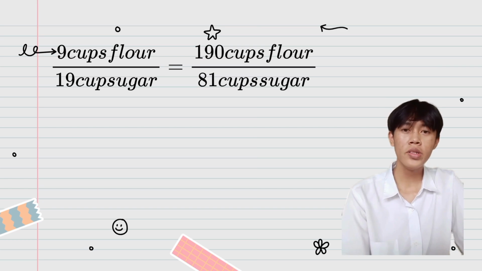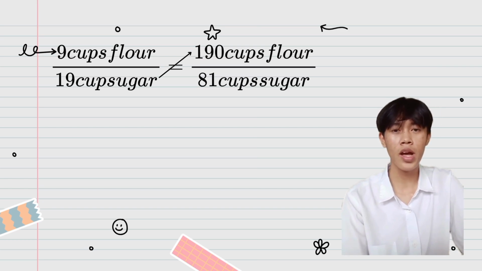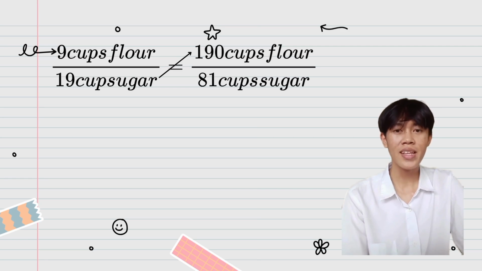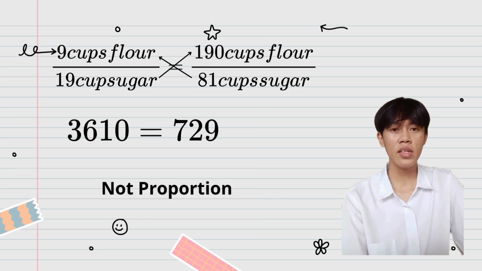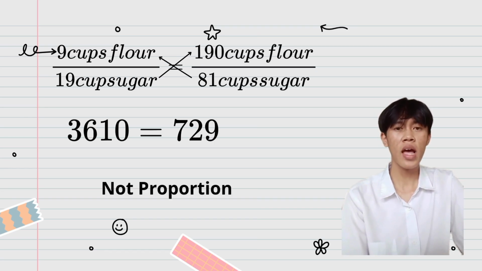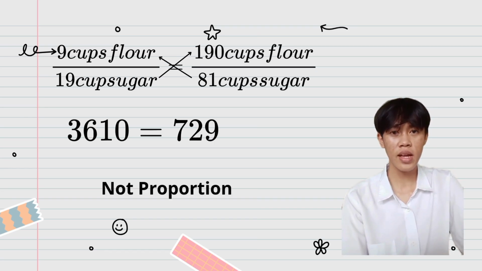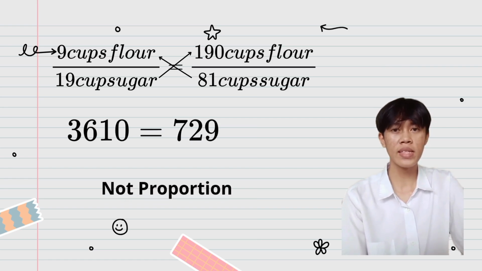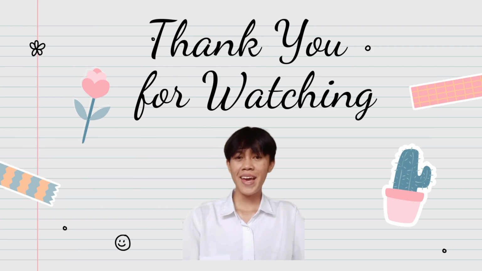So you just cross multiply. You have 19 times 190, that will be 3610. And then you would have 81 times 9, which is 729. So these two numbers are not equal. So we can say no, this is not a proportion.